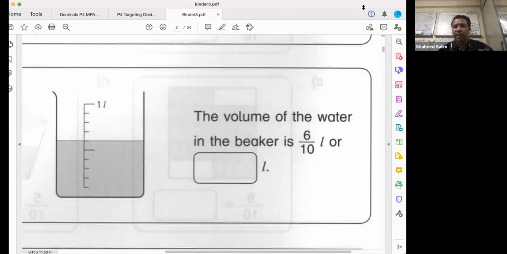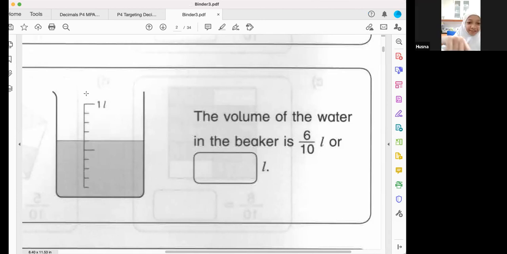Okay, so this is very easy, yeah? Very easy. Come on, send your answers then, send your answers. You can go to this.